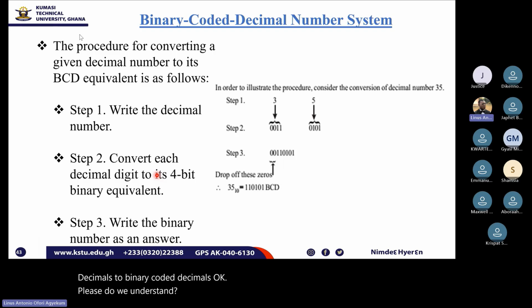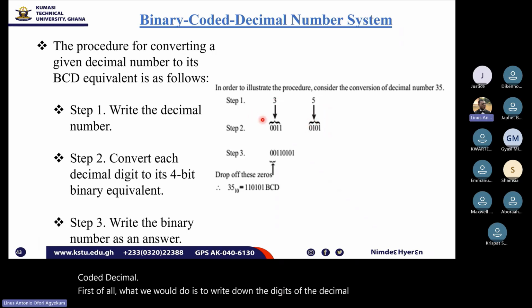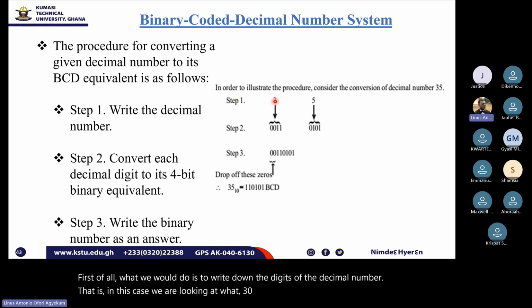So when we move on, let's look at the procedure which we just explained. If we are to convert a decimal number into a binary coded decimal, first of all, we write down the digits of the decimal number. In this case, we are looking at 35, so 3 and 5.